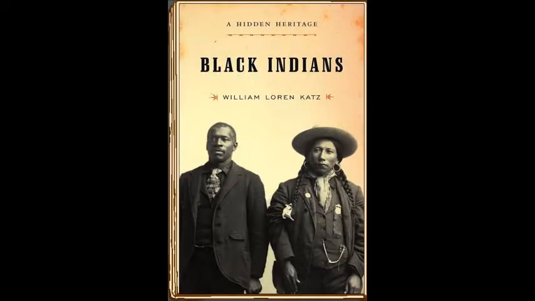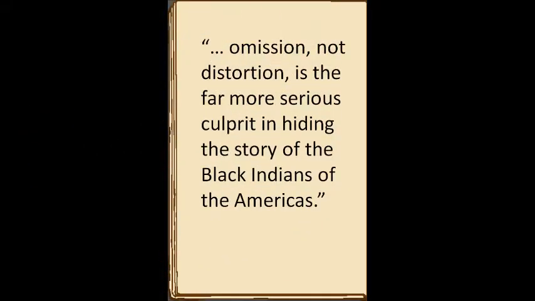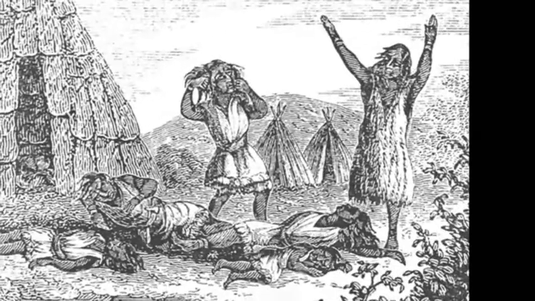And to keep these facts in obscurity, many books evade the subject of the Native American slave trade. William L. Katz, in his book Black Indians, says it eloquently when he states that omission, not distortion, is the far more serious culprit in hiding the story of the Black Indians of the Americas.